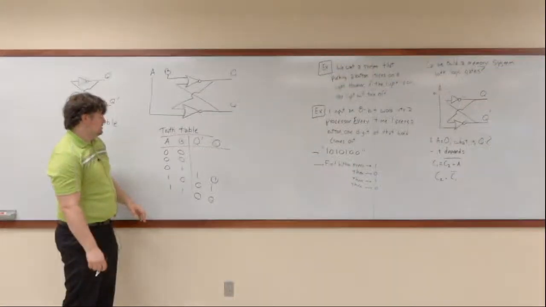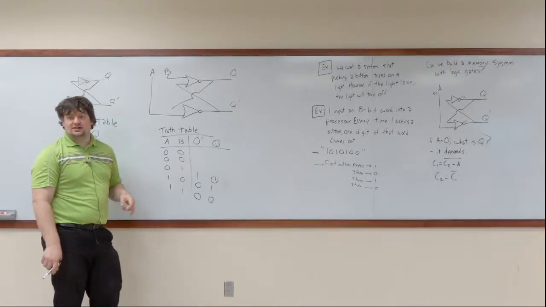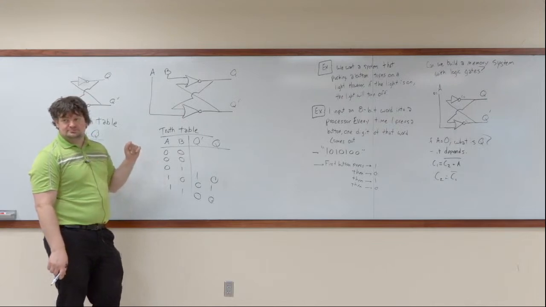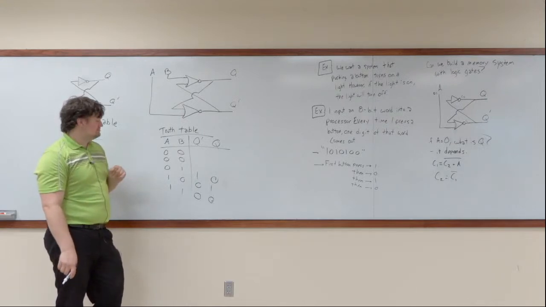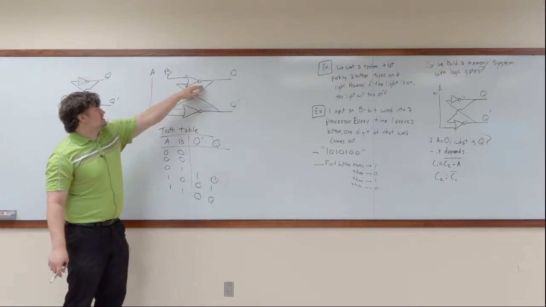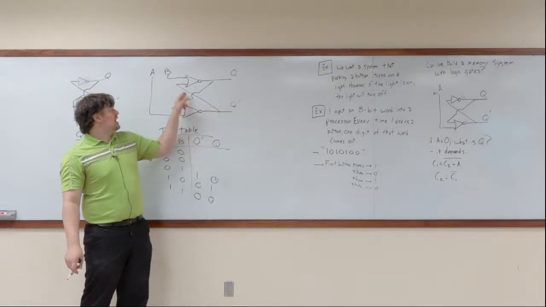Okay? Now what happens when they're both 0? We have two different conditions. If this is 0, but this is 1, then this is 0. And then this is 1.